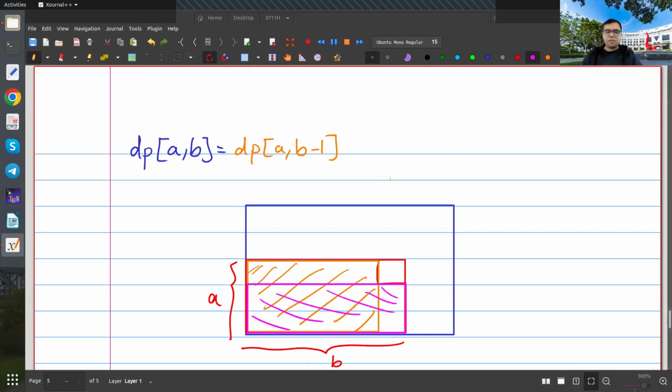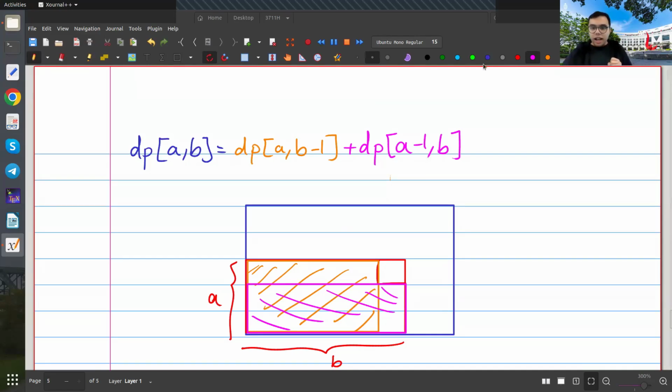This is dp of A minus 1, B. Right? But now I have some elements that I have counted twice. Any element that was here was counted twice. So I have to subtract them, but those are exactly the elements that are in the first A minus 1 rows and the first B minus 1 columns.